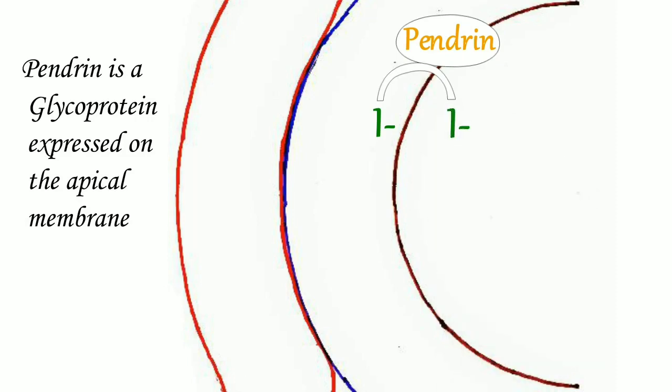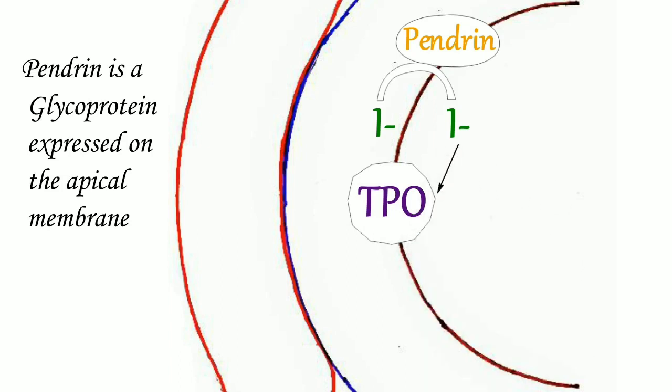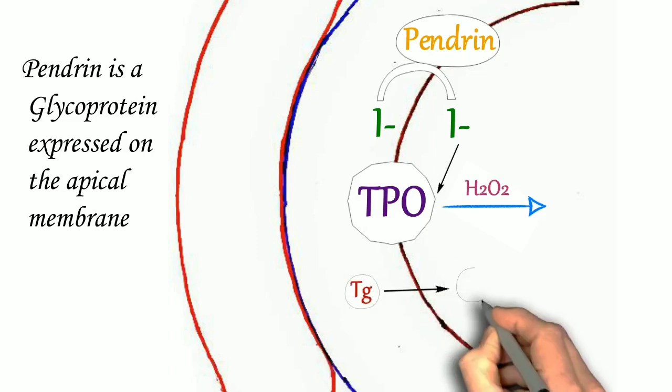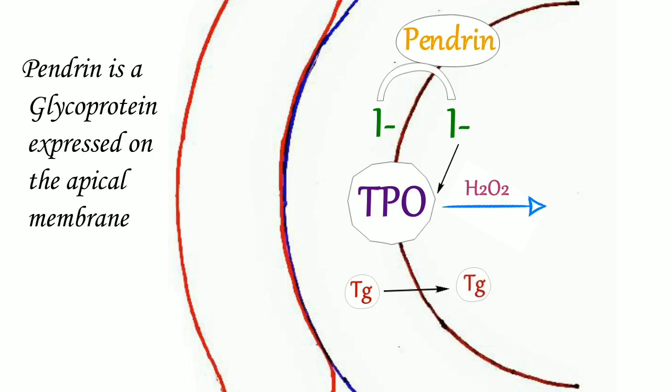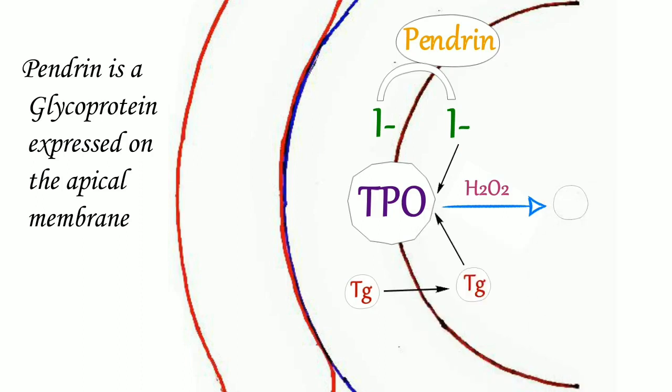After pendrin does its job, iodide is oxidized by thyroid peroxidase, that is TPO, with the help of hydrogen peroxide and facilitates the iodination of tyrosine to monoiodotyrosine and diiodotyrosine, that is MIT and DIT.